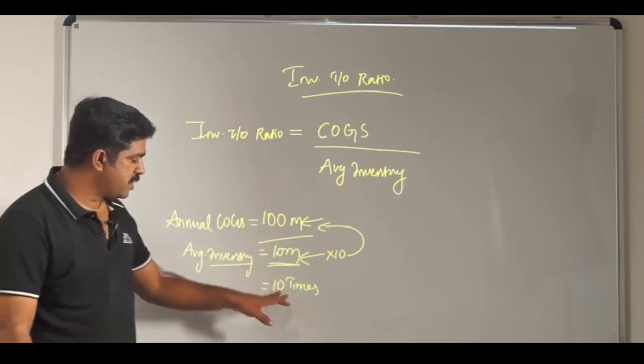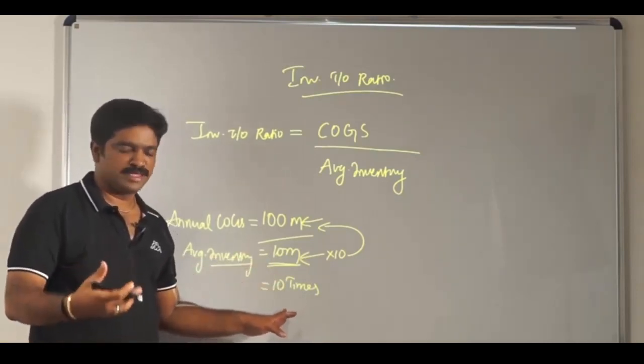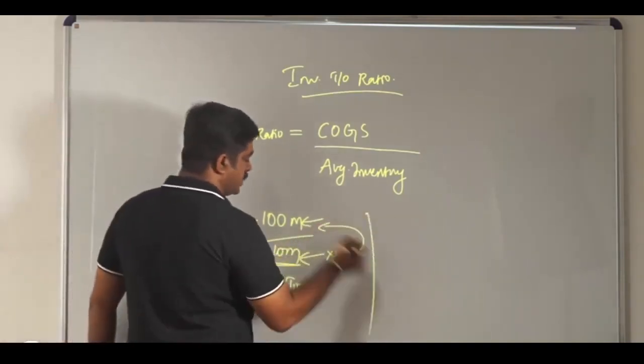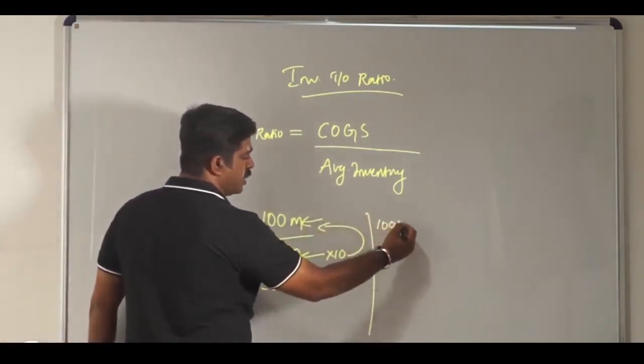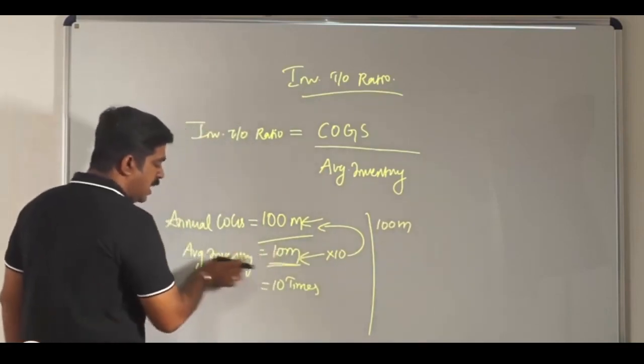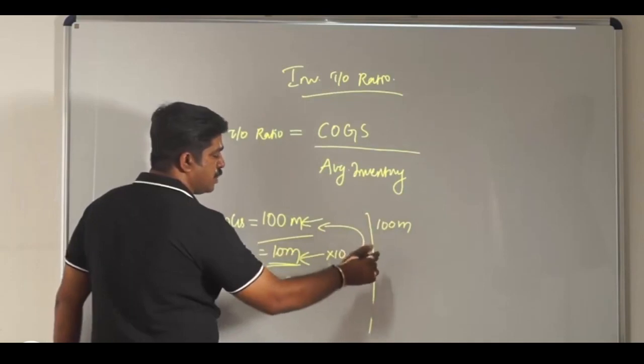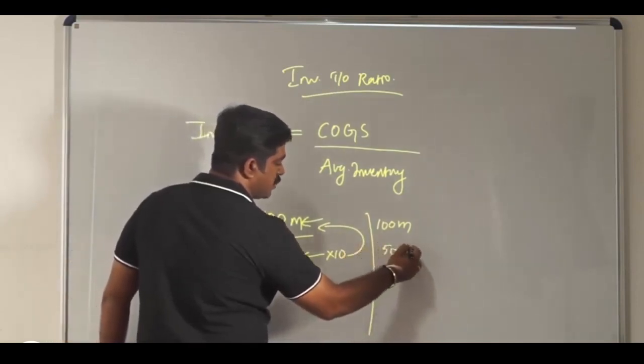Now probably this figure on standalone will not communicate anything serious for you, but let me give you some more numbers. Let's say the annual cost of goods sold is 100 million, and the average inventory which they keep when they were achieving this 100 million is, let's say, 50 million.